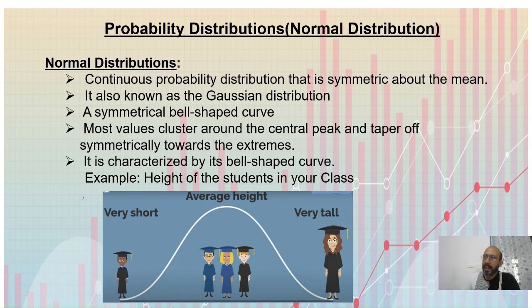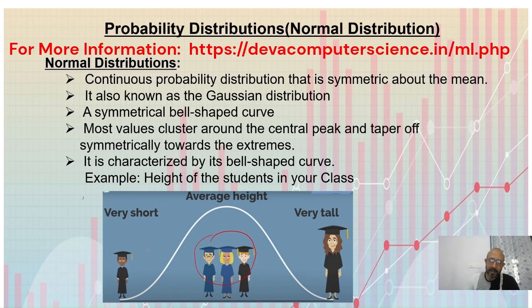Suppose we take all the students of your class and measure the height of each student. Most students will be of average height, and in the graphical representation most values will be in the middle of the graph. This is the middle of the graph. Then a very small number of students have very short height and very tall height.